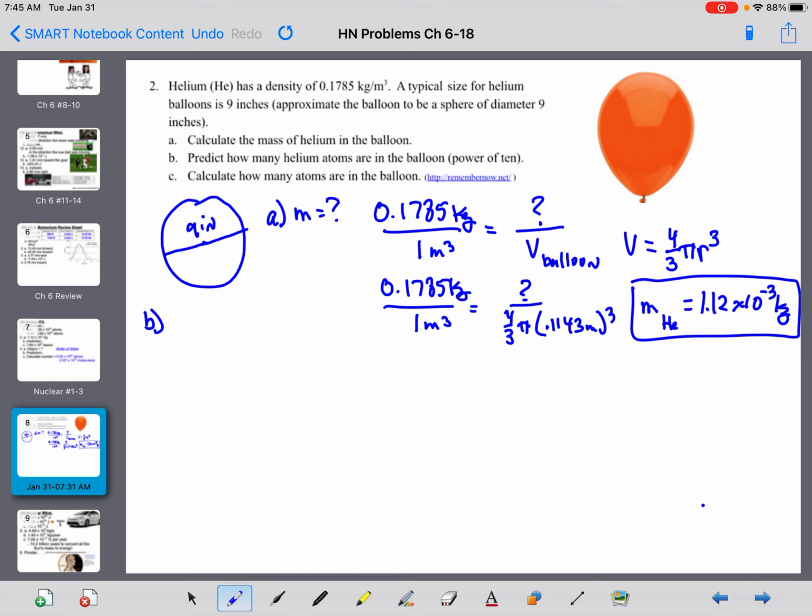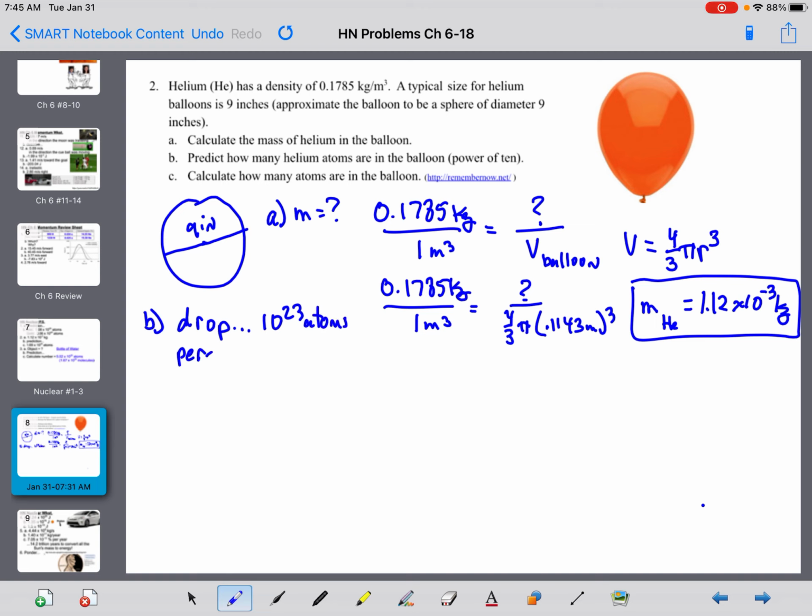Part B, we want to predict how many helium atoms are in the balloon to the nearest power of 10. Well, again, thinking about some of the things we talked about in class, a drop of water, that was about 10 to the 23rd atoms.